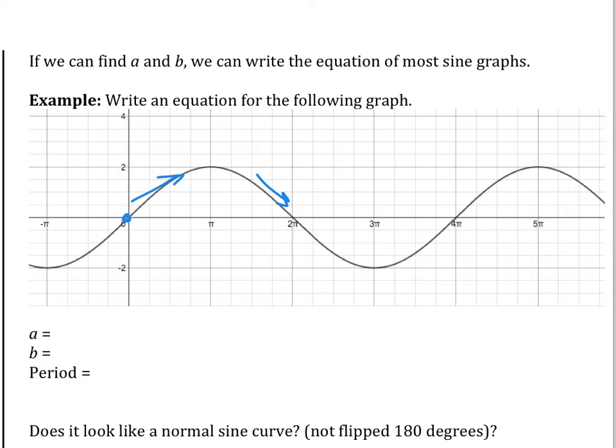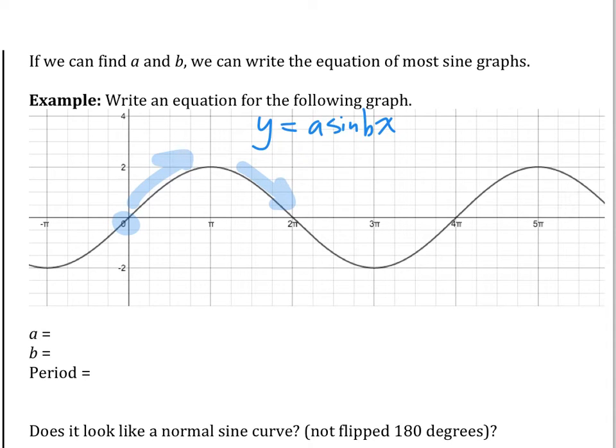Okay, this is the normal sine graph. If it differs from this, then it may be something that is not sine, or it's very similar to sine. We just need to change something. We don't know, but this shape is a normal sine graph. So it has to start at 0, and then it has to go up and then down. All right, so this looks like a sine graph.